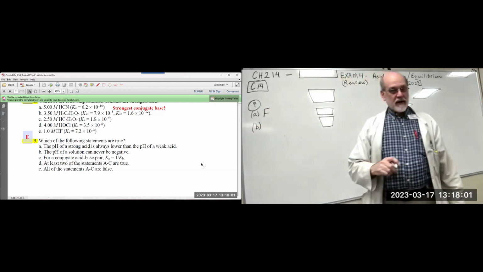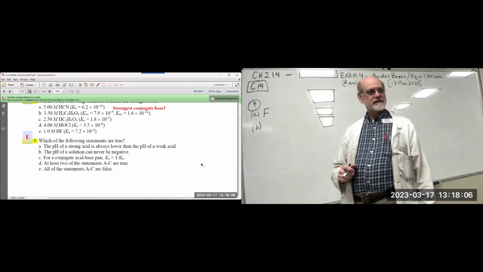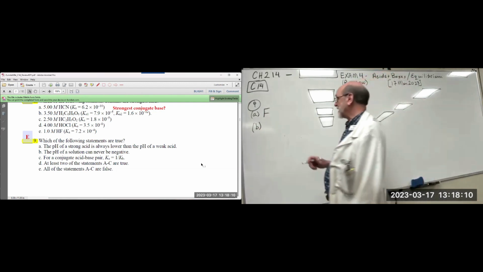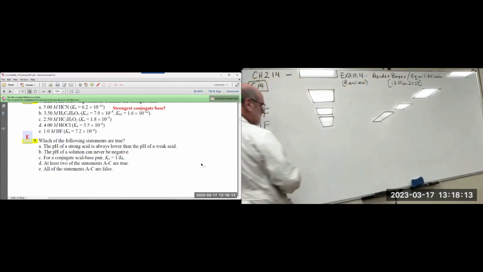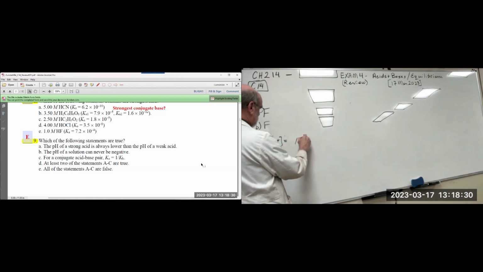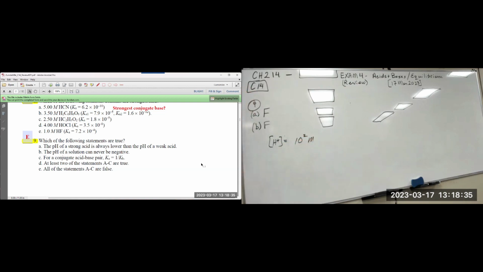Right. The pH of a solution can never be negative. Is that true? No, it can be negative. Right. Let's see. What's an example of a negative pH? If we have a hydrogen ion concentration equal to 100 molar, no, that wouldn't be right.